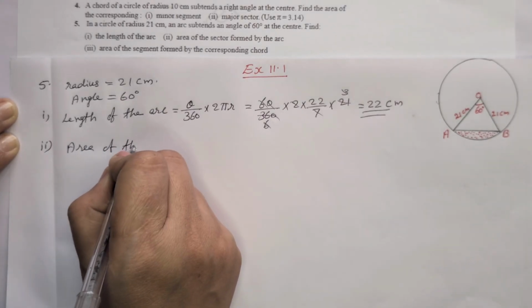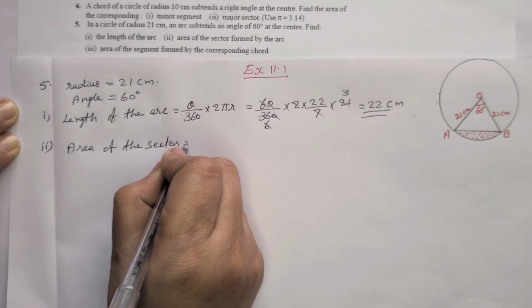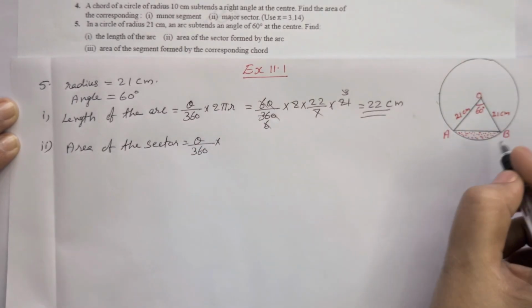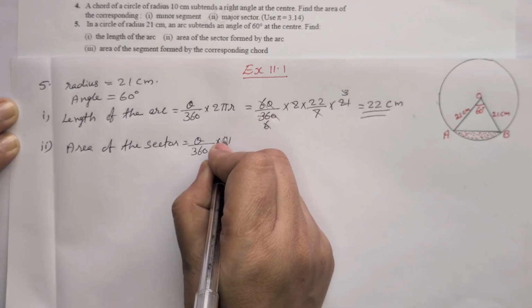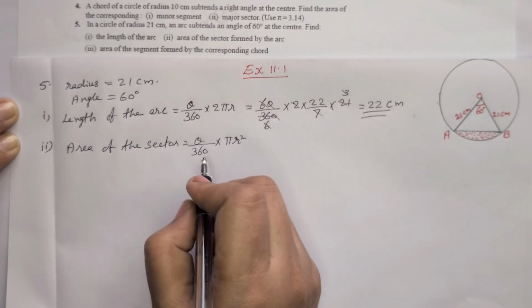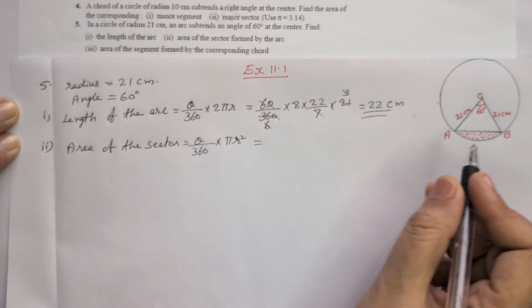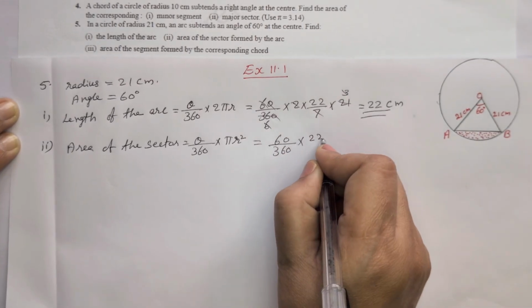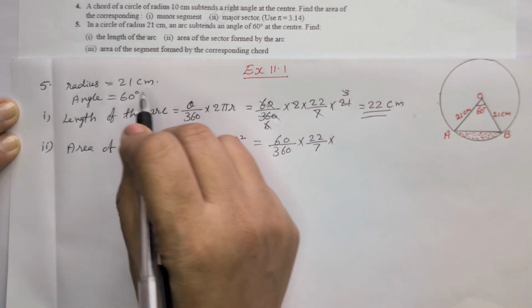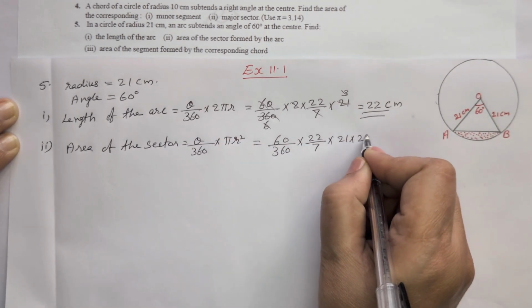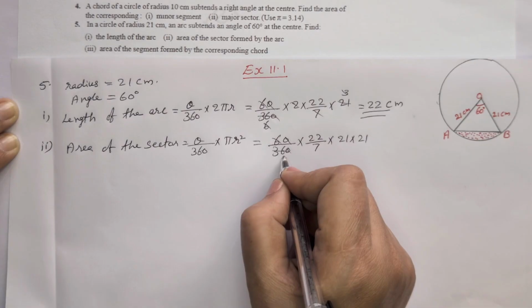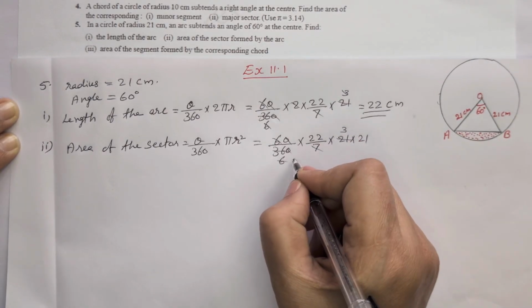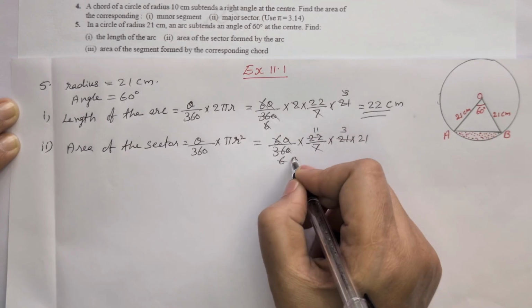Area of the sector is equal to theta by 360 into area of the circle, that formula, pi r square, is equal to theta is 60 degree by 360 into 22 by 7 into r is 21, 21 into 21. 6 times, here 3 times by 2, 11.